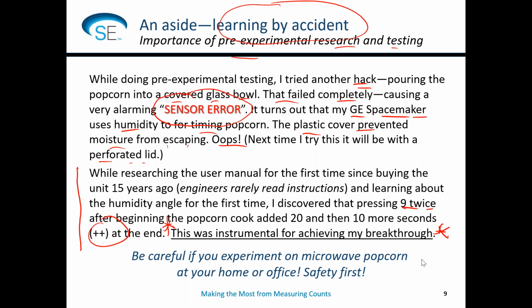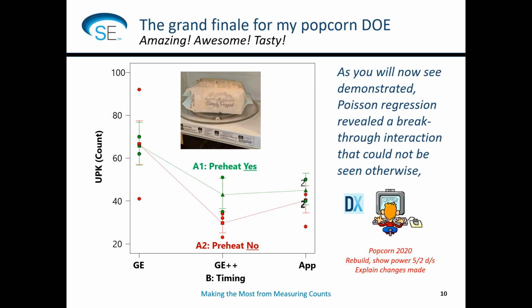Once I had gone through this little process of understanding a little bit more about how the microwave worked, I was ready to rock and roll. And this is the result that I'm so excited about. I'll pull up the software and show you, but it turns out that by using the Poisson regression, which fits things more precisely for counts, I was able to see this little interaction between the preheating of the water, yes or no, and the 3 different types of timing.